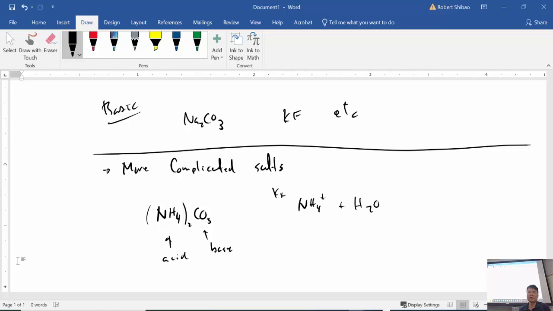This is a standard chapter 17 problem. This is going to generate hydronium and ammonia. But I also have base in there, so I have to do Kb for the carbonate. And maybe Kb2.